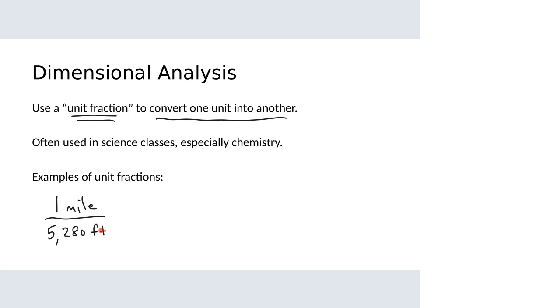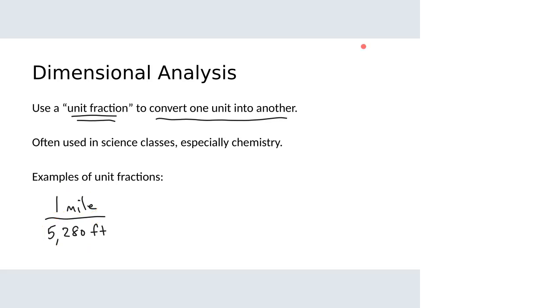Now, because 1 mile and 5,280 feet are the same, the numerator and the denominator in this fraction are equal to each other. When we set up a unit fraction, that's always going to be the case. These two things are equal to each other. They just use different units.